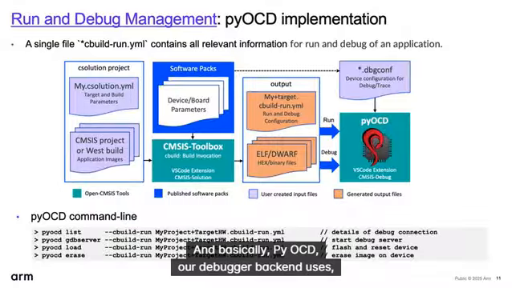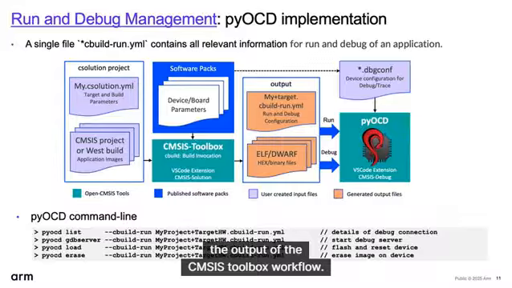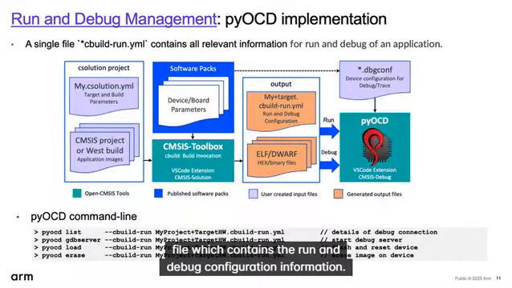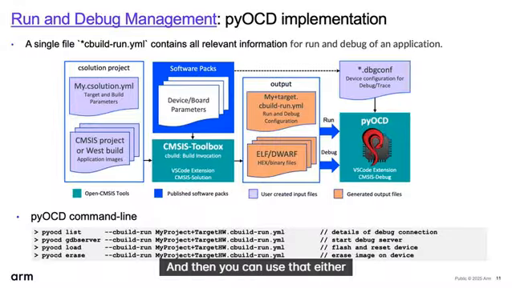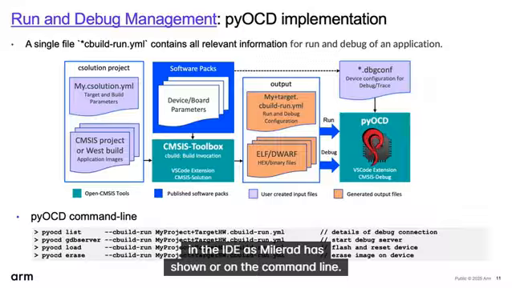And basically pyOCD, our debugger backend, uses the output of the CMSIS-Toolbox workflow, so the ELF/DWARF files, and the cbuild-run YAML file, which contains the run and debug configuration information. Then you can use that either in the IDE, as Milorad has shown, or on the command line.